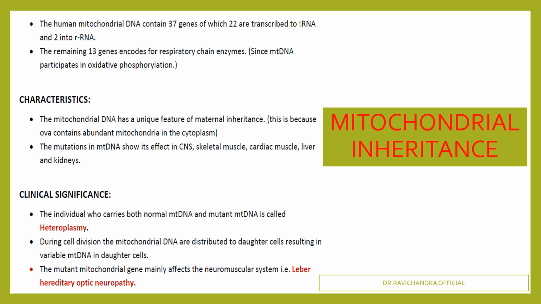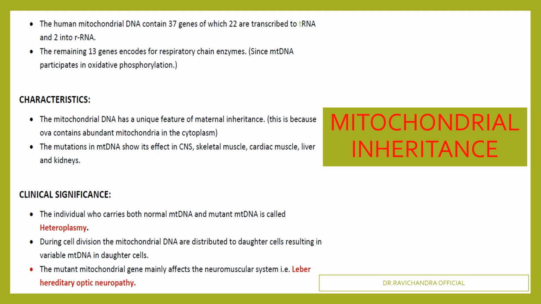The characteristic of mitochondrial DNA is its unique feature of maternal inheritance. M for mitochondrial inheritance, M for maternal inheritance. This is because only ova contain abundant mitochondria in their cytoplasm. Mutations in mitochondrial DNA show their effect on the central nervous system, skeletal muscle, cardiac muscle, liver, and kidneys.